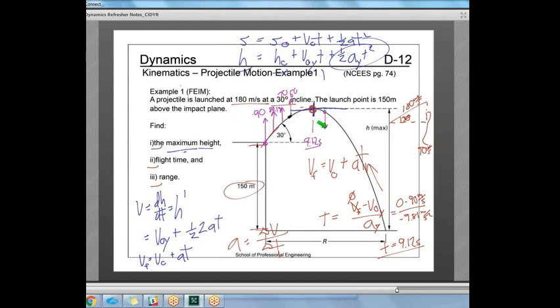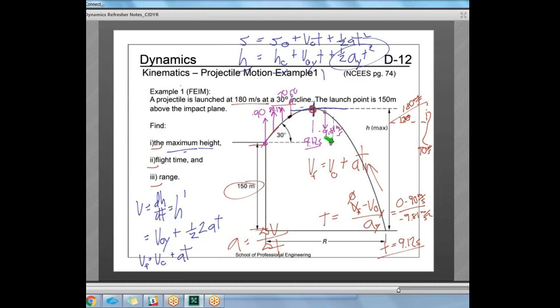Okay, 9.17. So maybe it's 9.17. Yeah, it's due to gravity, right? It's going to be negative 9.81 meters per second.